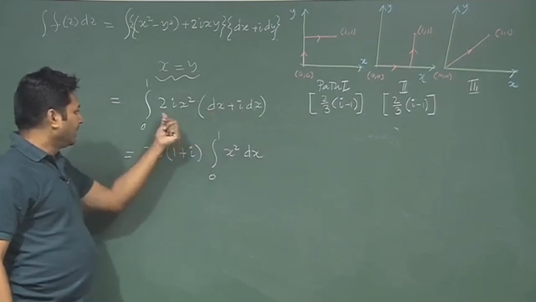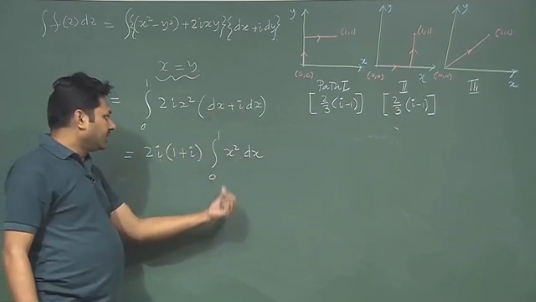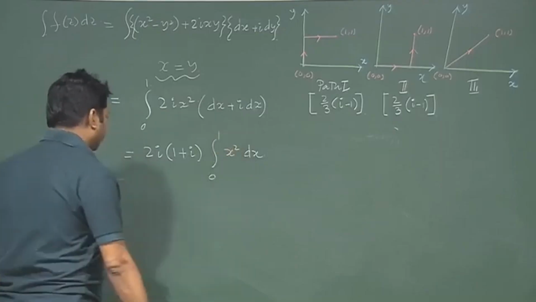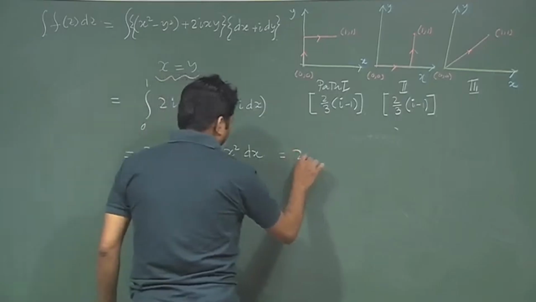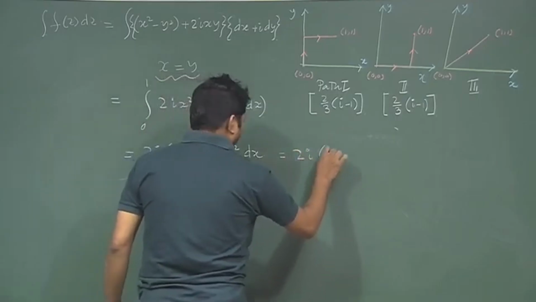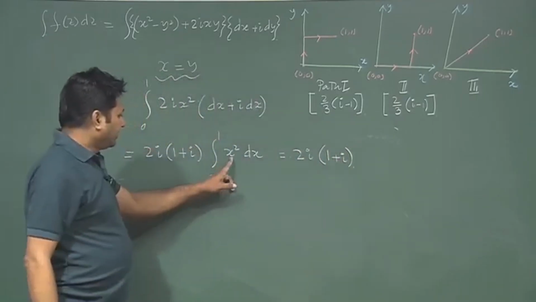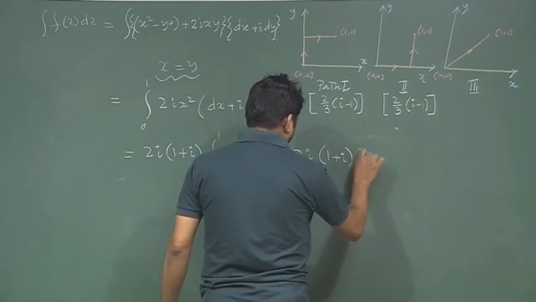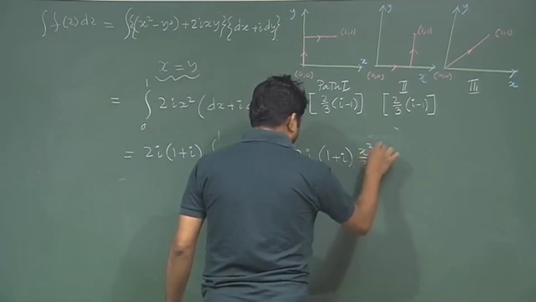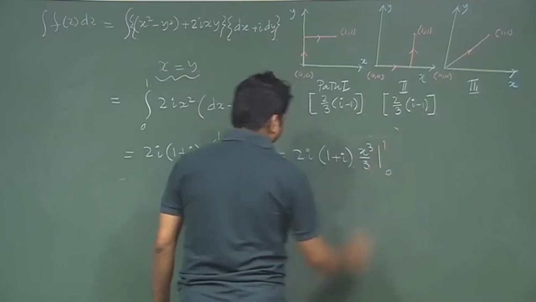So, 1 plus i and 2i I will take outside. The integration is over x square, 0 to 1. So, it will be 2i (1 plus i), and x square integrated from 0 to 1 gives x cube by 3, 0 to 1.